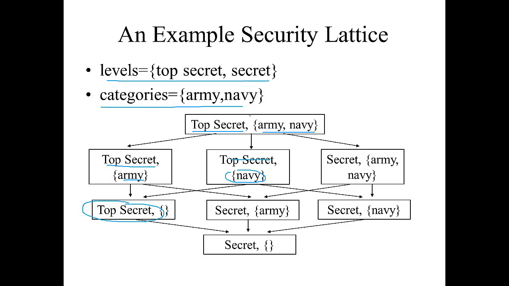Because a person with top security Army and Navy clearance can access the objects in top security Army and Navy category. Also, he can view the objects with top security Navy category and top security Army category. If a person has top security Army category, definitely he can view the top security without any label.